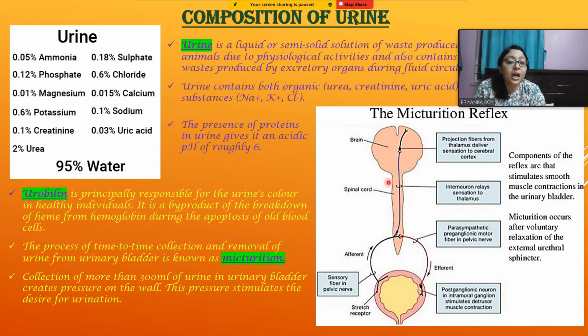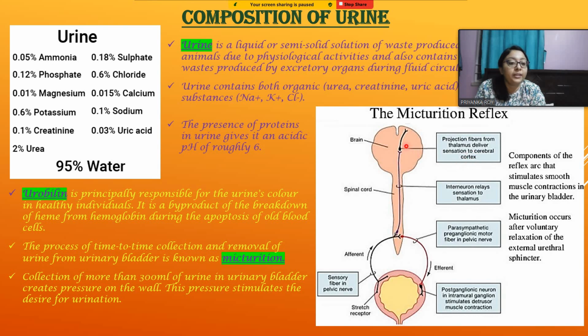So how does this micturition reflex work? This is the stretch receptor in the urinary bladder. The stretch receptor sends a signal via the afferent neuron to the parasympathetic pelvic nerve, and it goes through the spinal cord, and this interneuron relays the sensation to the thalamus, and the projection fibers from the thalamus deliver the sensation to the cerebral cortex.